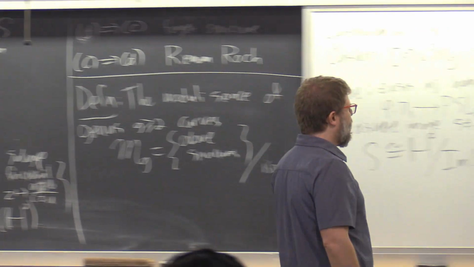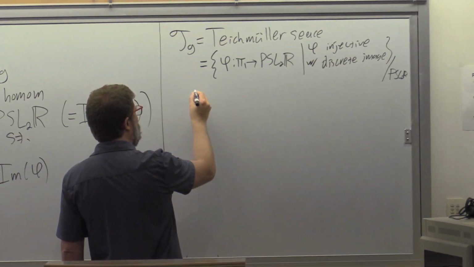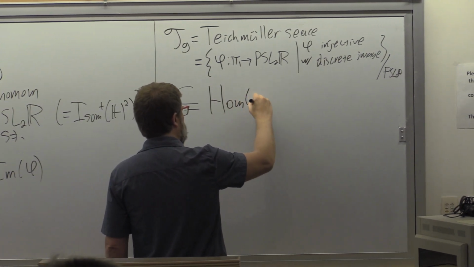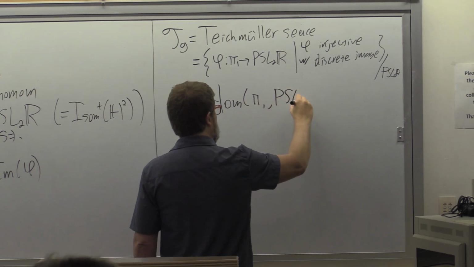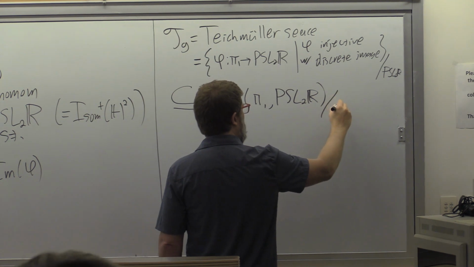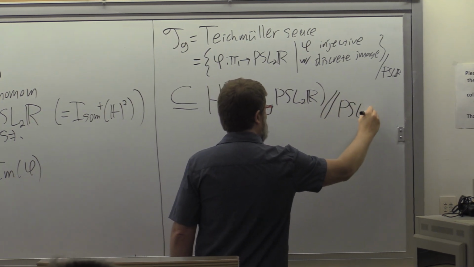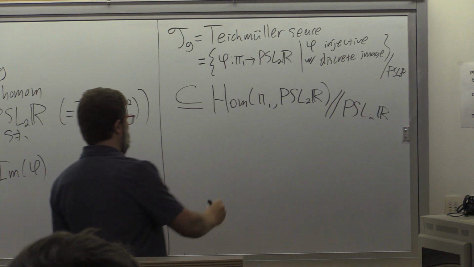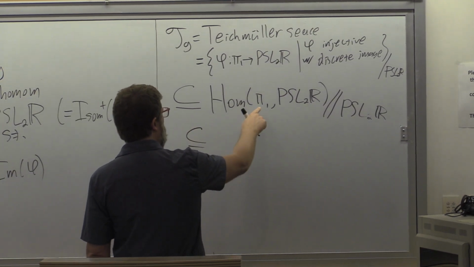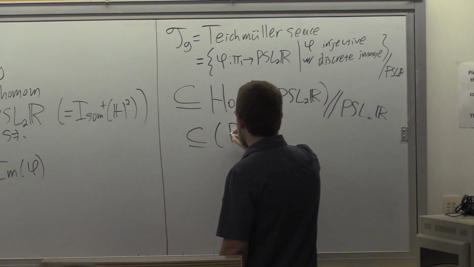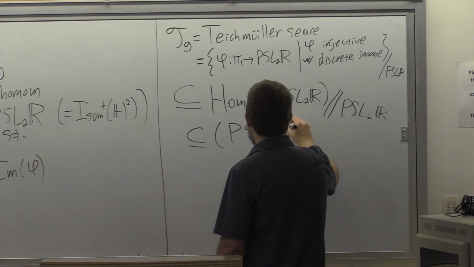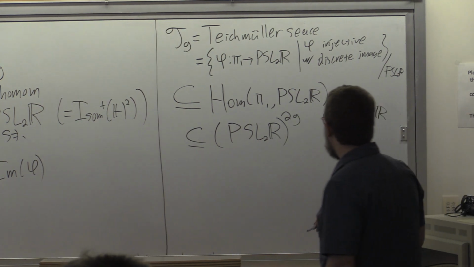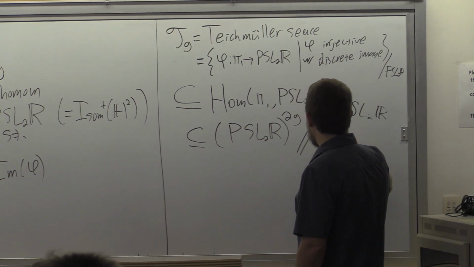Okay, so this is a nice space. It turns out this is a subset of the space of homomorphisms from pi_1 to PSL_2(R), modulo PSL_2(R), and I should put double brackets because there are issues with quotienting homomorphisms. Since pi_1 has 2G generators, we need to know where each of those 2G generators goes, so we get a subspace of PSL_2(R)^(2G) modulo this quotient, cut out by the relation in the surface group.